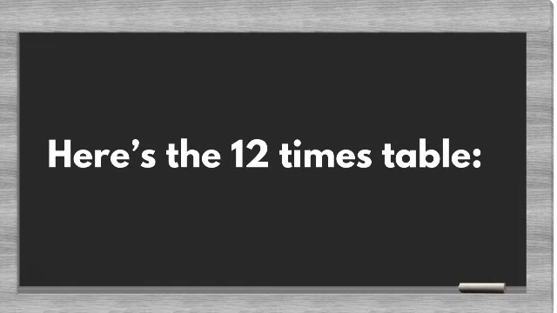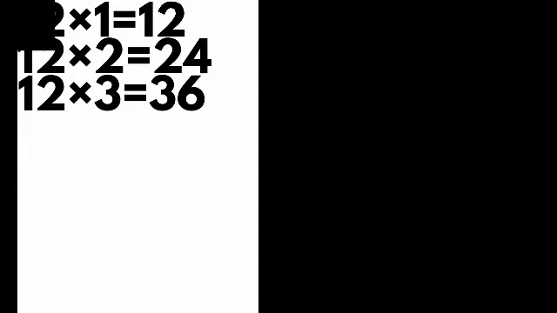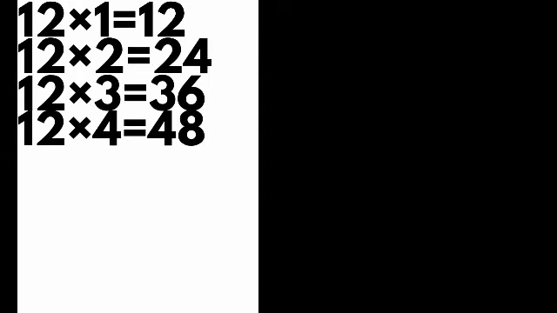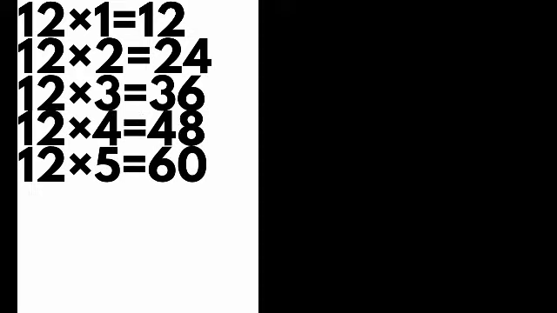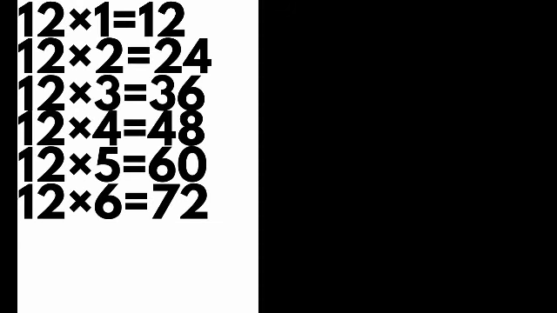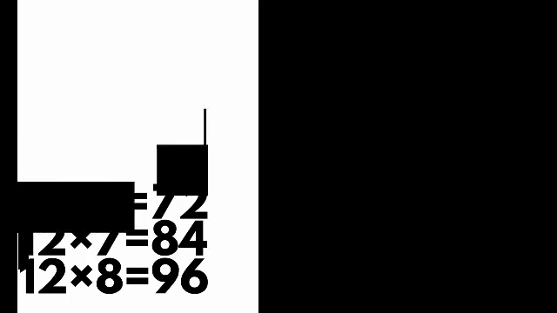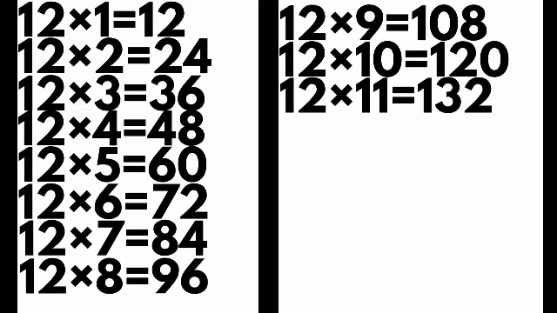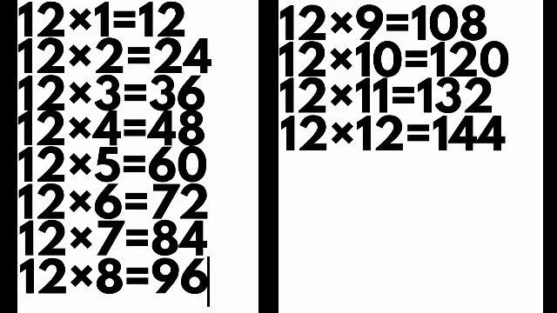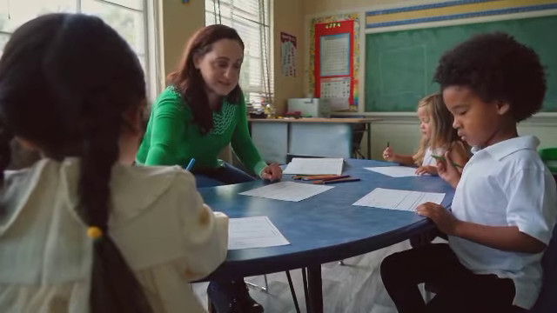Here's the 12 times table. 12 times 1 equals 12. 12 times 2 equals 24. 12 times 3 equals 36. 12 times 4 equals 48. 12 times 5 equals 60. 12 times 6 equals 72. 12 times 7 equals 84. 12 times 8 equals 96. 12 times 9 equals 108. 12 times 10 equals 120. 12 times 11 equals 132. 12 times 12 equals 144.